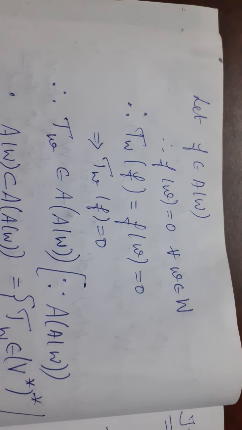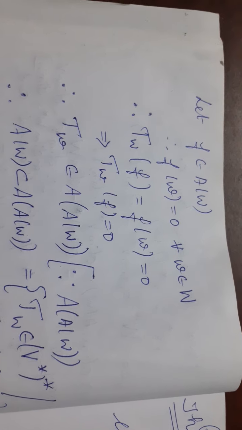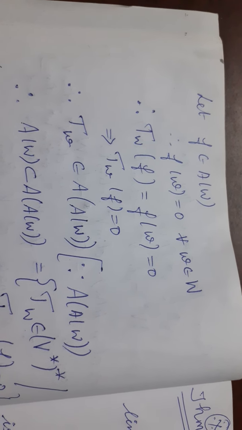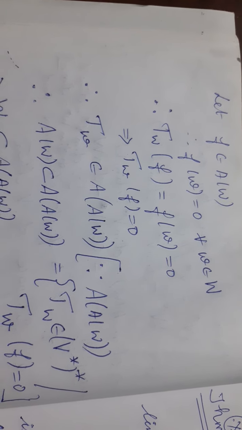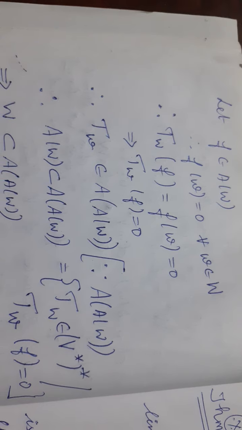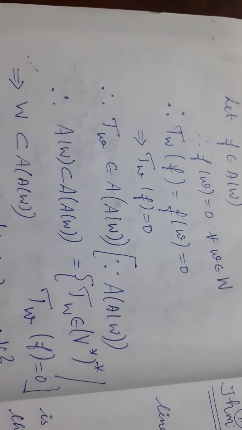Let one element f belong to A of W. From the definition of A of W, we know that f of w is equal to 0 for all w belongs to capital W. Therefore, we can say t_w of f is equal to f of w, which is equal to 0. Therefore, t_w of f is equal to 0.